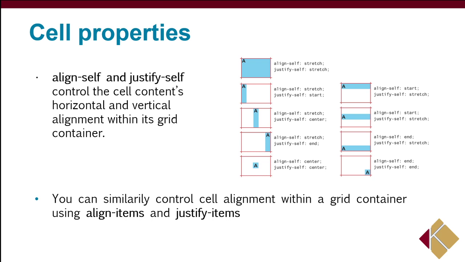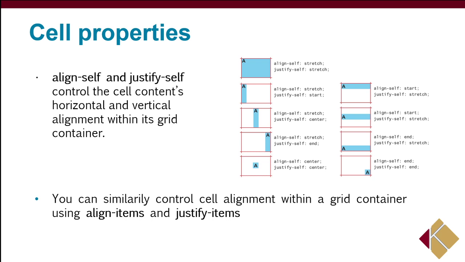If you want to fill the whole cell, you're going to use stretch for both. If you want it to fill vertically, that's when you use align self. If you want to adjust the horizontal, that's when you use justify self.